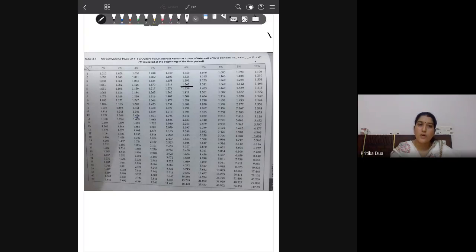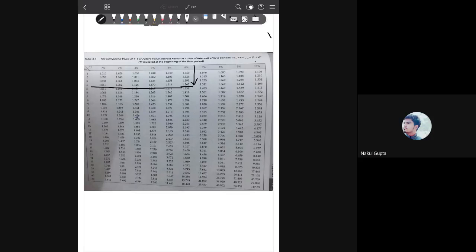Your time is 4 years. The value in the table is 1.2625. So you move horizontally from 4 years and you get the value under 6%. So your growth rate becomes 6%. Okay, ma'am, got it.